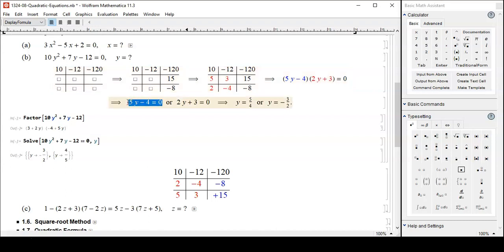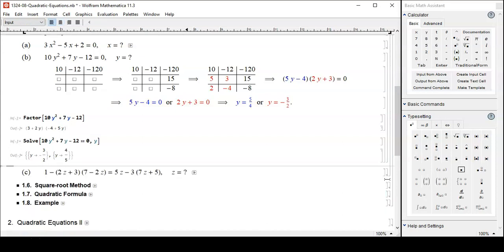So we get either the blue equation or the red equation. 5y minus 4 is equal to 0, or 2y plus 3 is equal to 0. From the first equation, we get 4/5. From the second equation, we get -3/2. And those have got to be the solutions. I don't need this tic-tac-toe anymore. Does everything make sense?